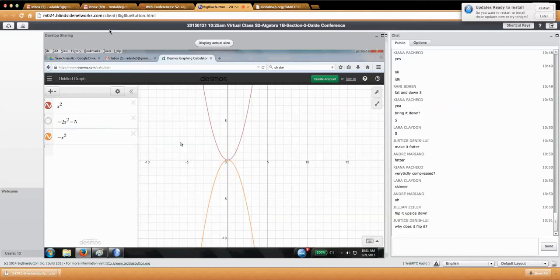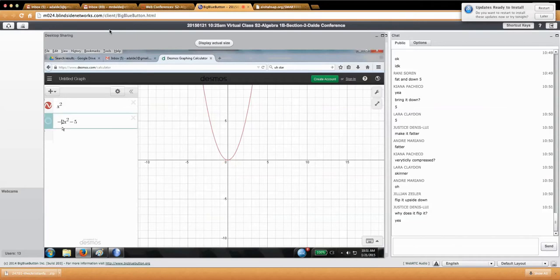You see that? Okay. So I'm arguing with you that this negative 2 will flip my graph upside down. Now, what would the 2 do? The actual 2 in front? I'll give you a hint.